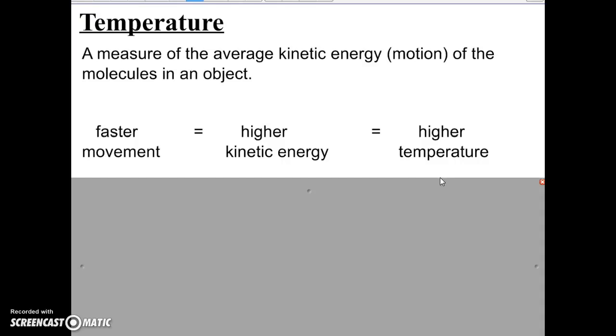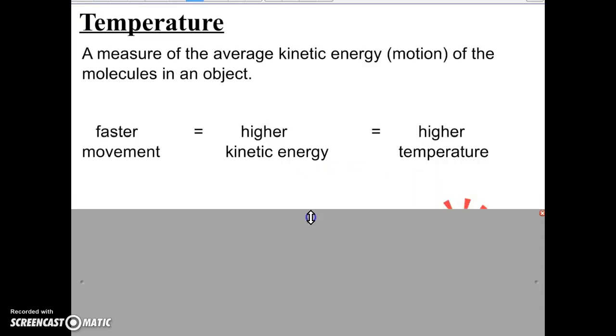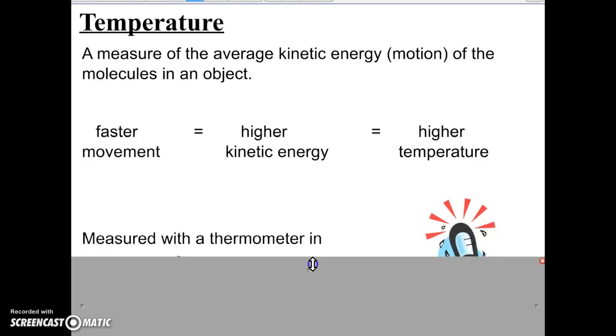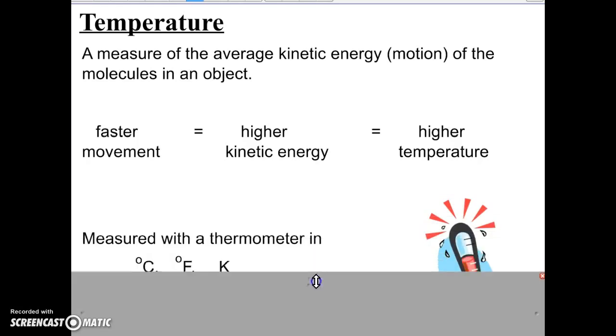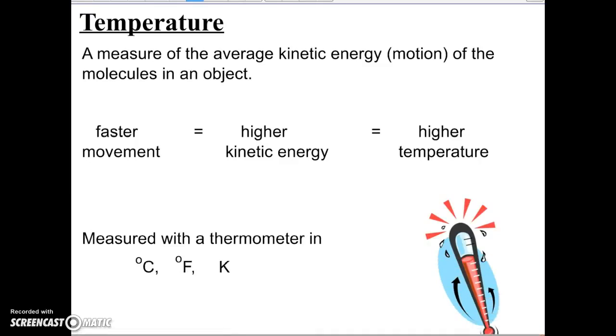So everything above absolute zero has a temperature above zero. And you all know that we use a thermometer to measure temperature. And there are three scales that we can measure temperature in. We can use degrees Celsius, degrees Fahrenheit, or Kelvin. Notice that Kelvin does not use a degree symbol. It's just a capital K.